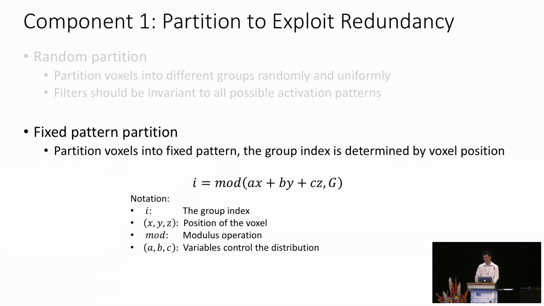So we propose the second method. We partition voxels into a fixed pattern for all samples. More specifically, we partition voxels according to the voxel's position. The group index is determined by the following formulation. Different variables A, B, C, and G can give different patterns.